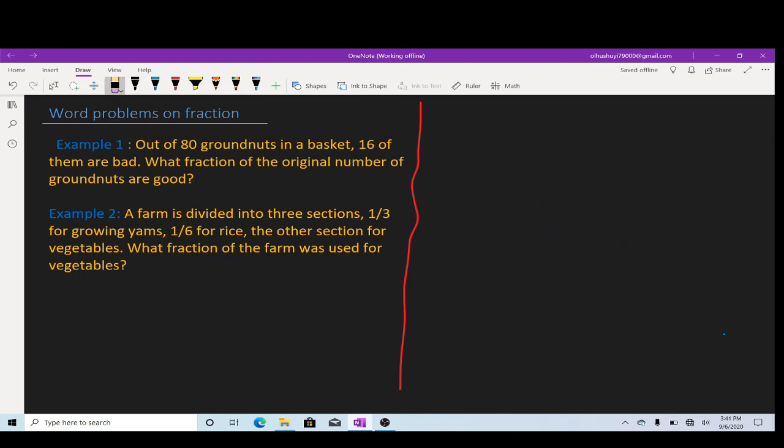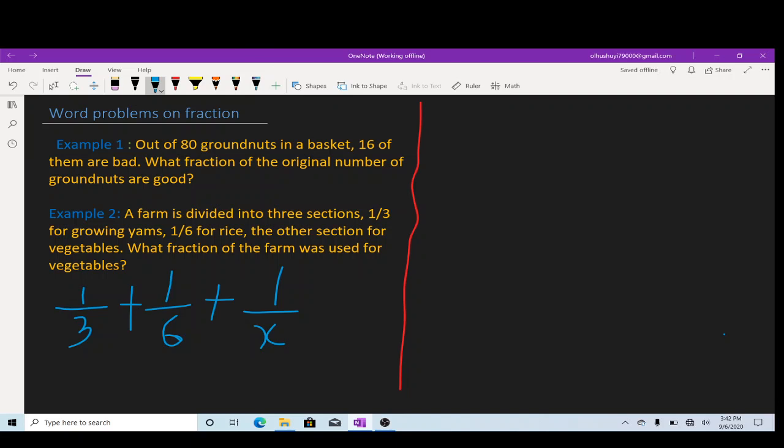So you have the farm divided into 3 sections: 1/3 plus 1/6 plus a third section which is unknown. So I can write it by saying I have 1/3 plus 1/6 plus 1/x.